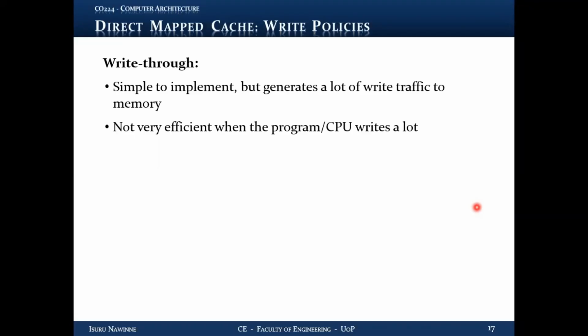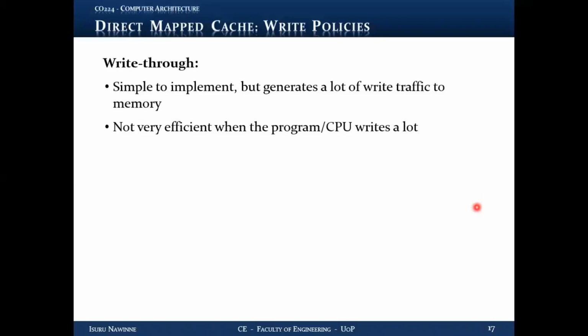But the problem, on the other hand, is this write through policy generates a lot of write traffic to the memory. So every time you get a write to the cache, the controller generates a write to the memory. So the bus between the cache and the memory can get congested with a lot of write traffic.